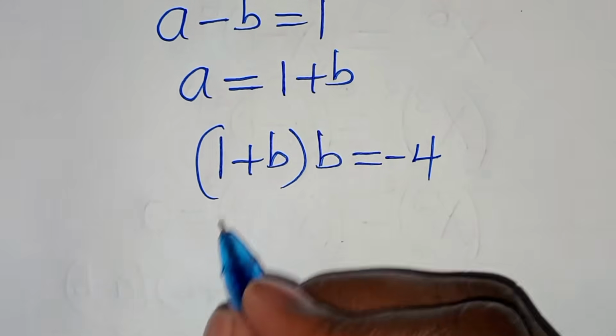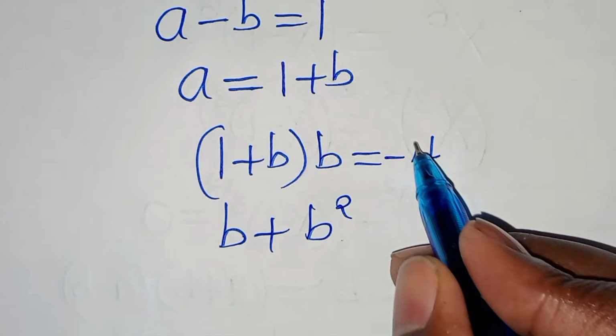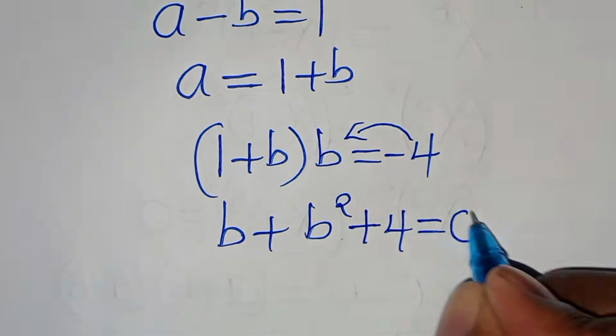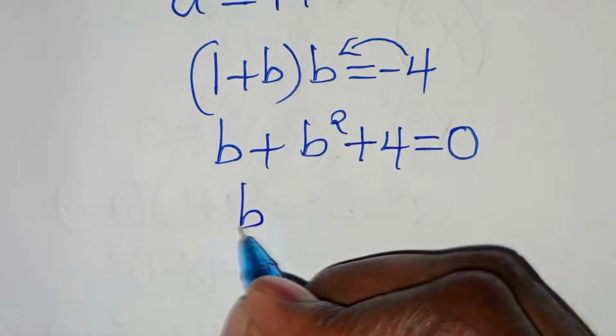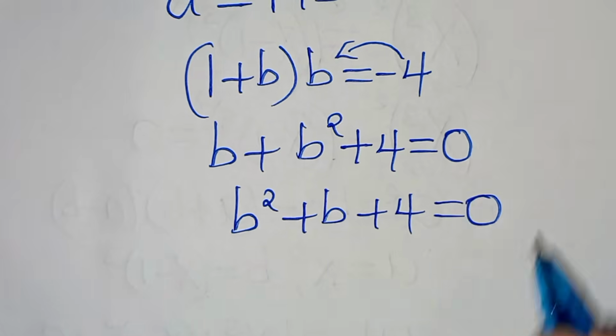So b times 1 is b, plus b times b is b squared, then minus 4. Let's take it to the left hand side, so this is plus 4, and this is equal to 0. So we have b squared plus b plus 4 equal to 0.